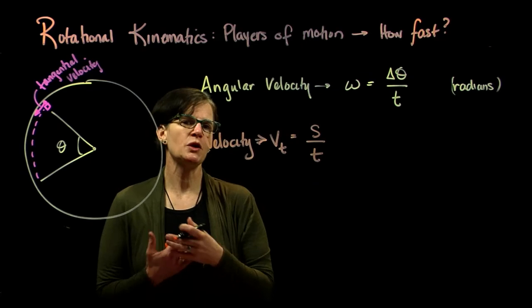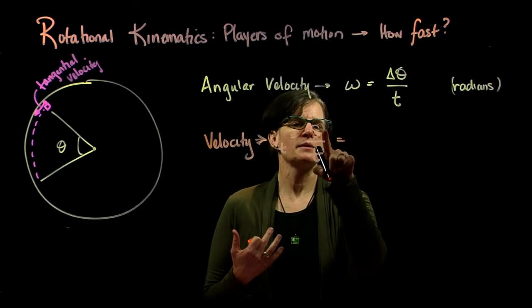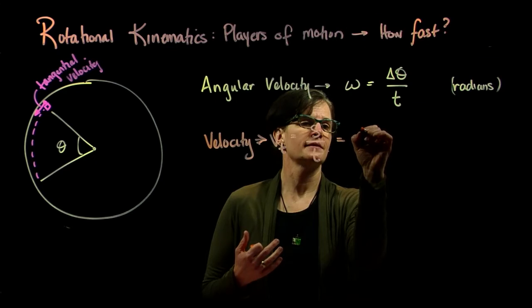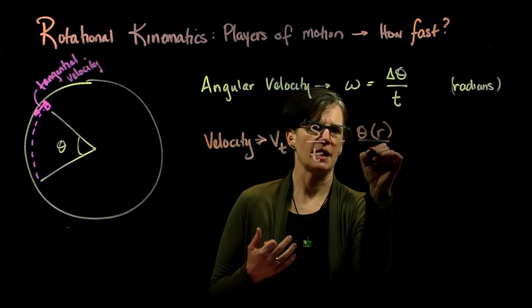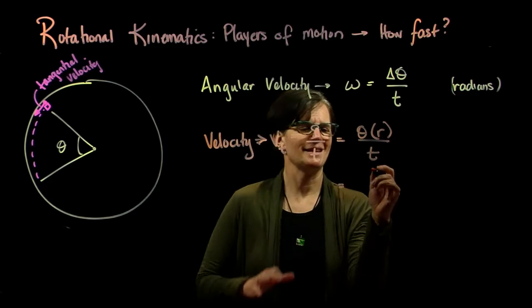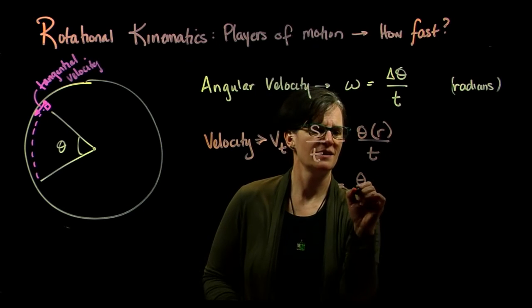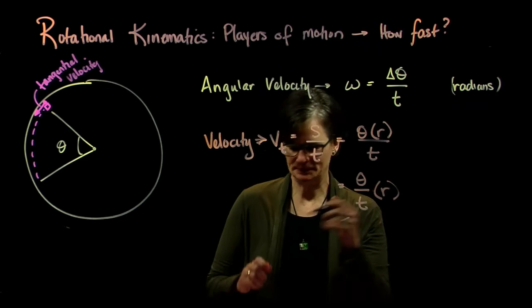We know that the arc length per time is going to be the arc length, which is theta times the radius, per time. If I organize these, I end up with theta per time times the radius.